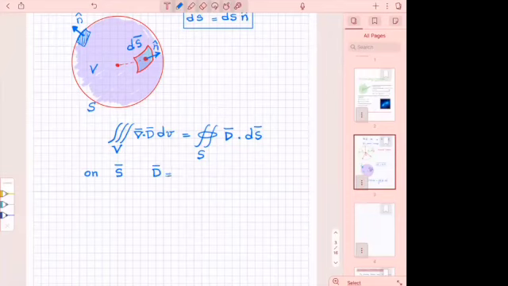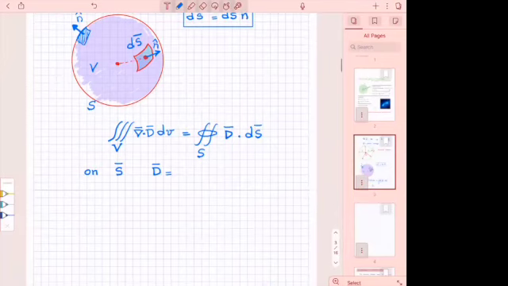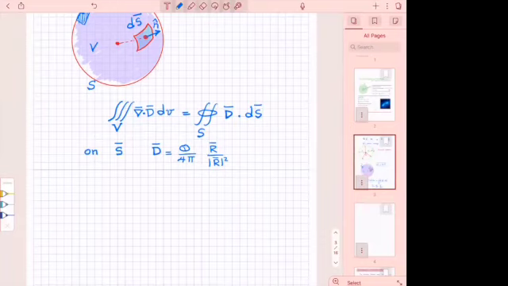Okay, so on this surface S, D, first of all, is along the radial direction. So you remember how we found it: Q over 4 pi R squared, okay? As a matter of fact, now I'm going to use a different formula. Remember this formula with R?